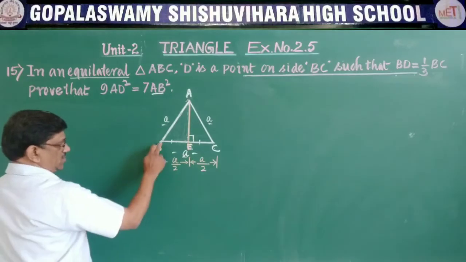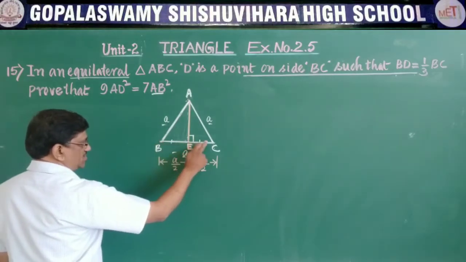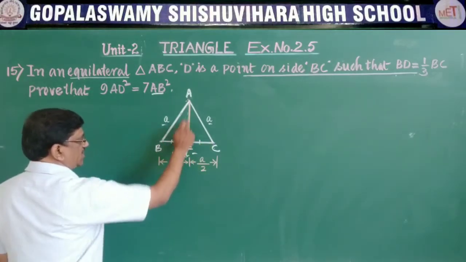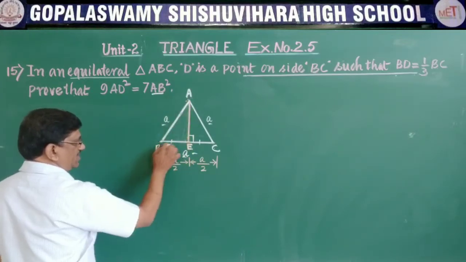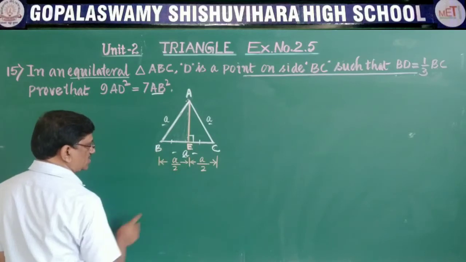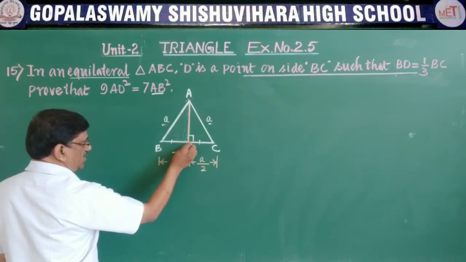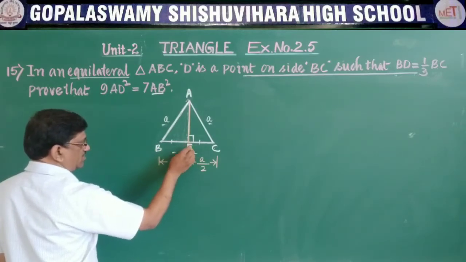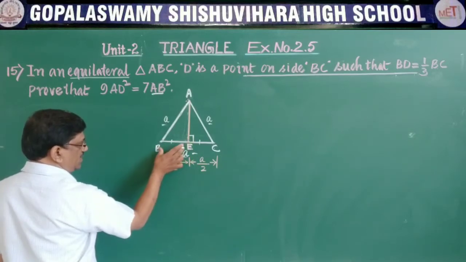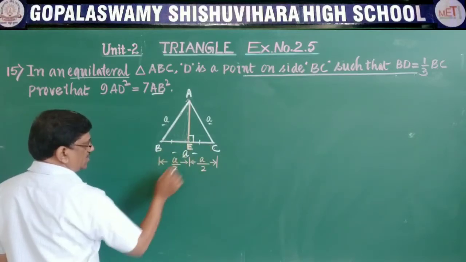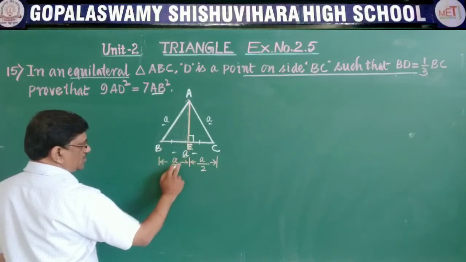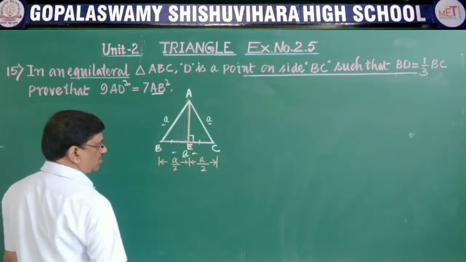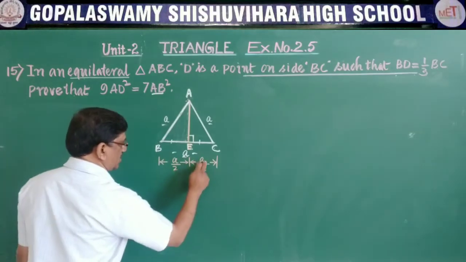That means if BC is A units, AE is perpendicular, it divides BC into two equal halves. Let E be the point where the perpendicular reaches, that is BE is equal to half of A, A by 2, and EC is also equal to half of A, that is A by 2.